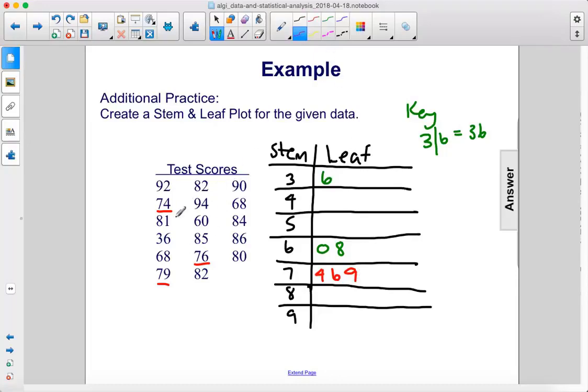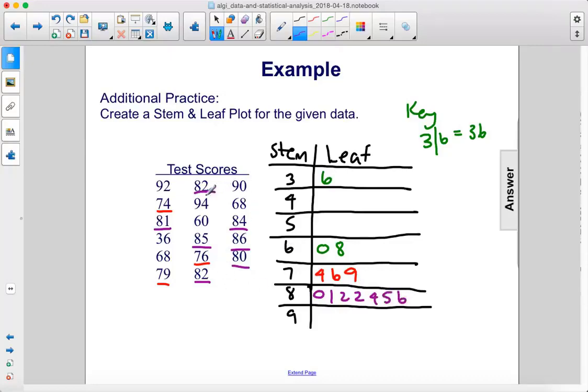Alright, for the 80s, we have 80, 81, 82, 82, another 82, 85, 84, 86. So we have 80, we have 81, we have two 82s, we have an 84, an 85, and an 86.